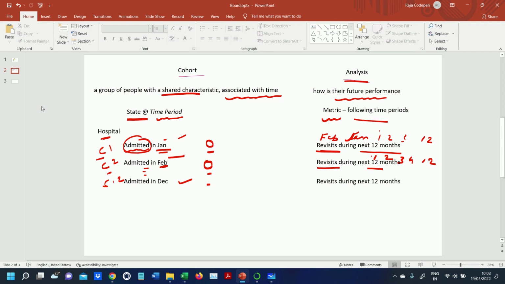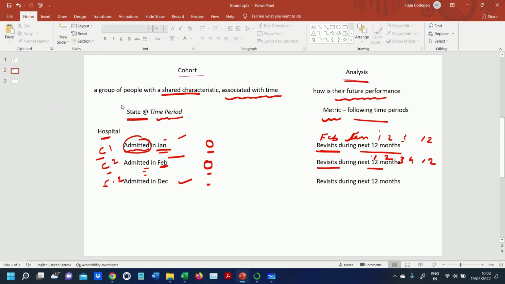And if your business is to provide internet service as a broadband service provider, every week you want to see how many new customers have subscribed to your business, and the state will be the number of new connections.